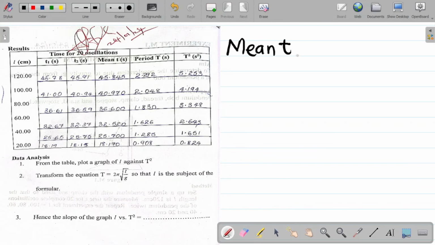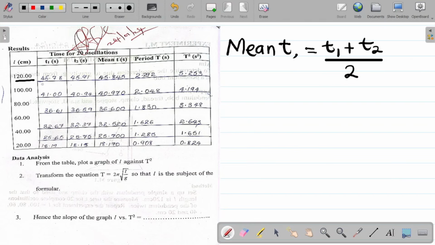Now here's what to note: mean t is equal to t1 plus t2 all divided by 2. So this is how we calculate the value of mean t. So we'll take at L equal to 120.